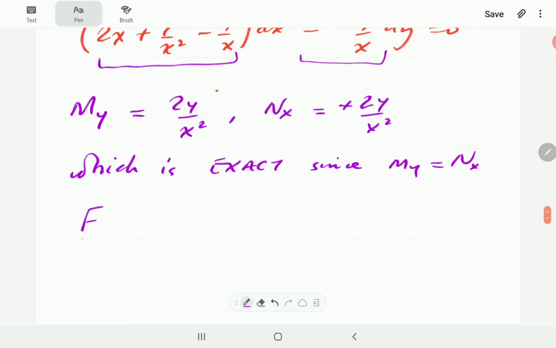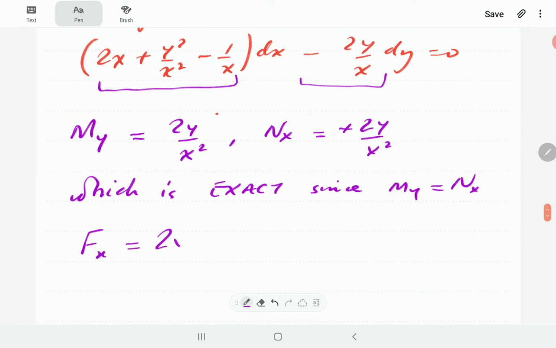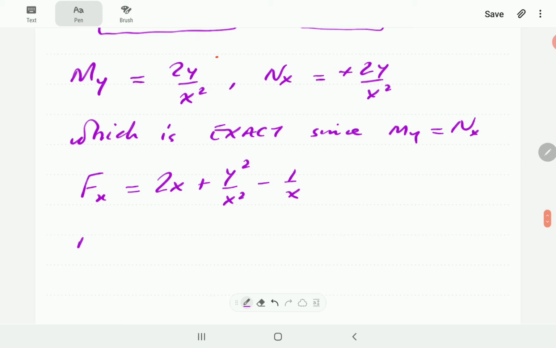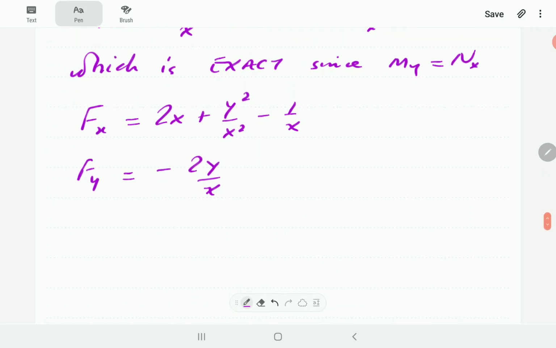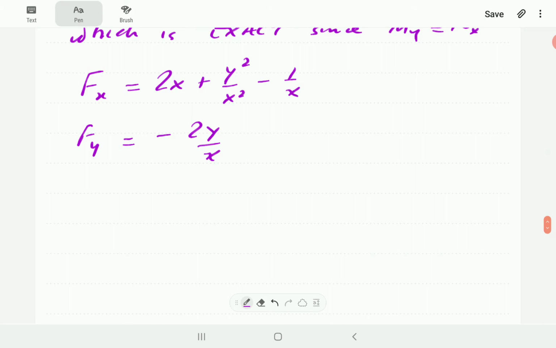So it means there is going to be some function f such that its partial derivative with respect to x is equal to 2x plus y squared over x squared minus 1 over x. Its partial derivative with respect to y must be equal to negative 2y over x.